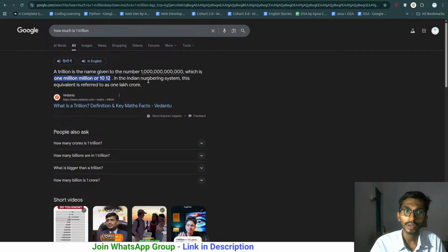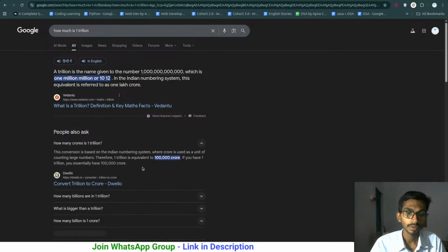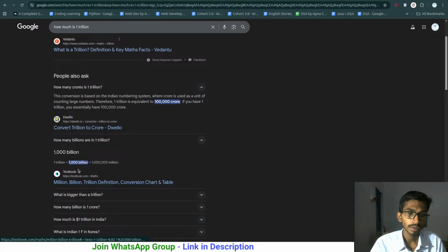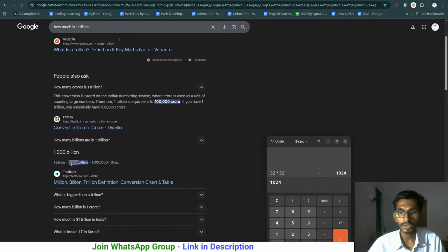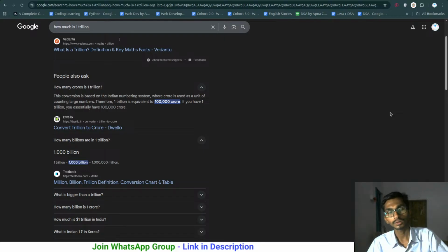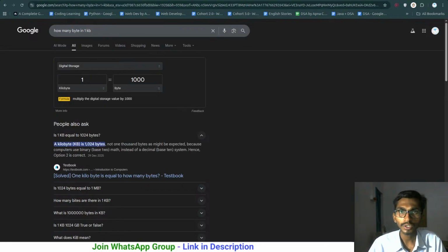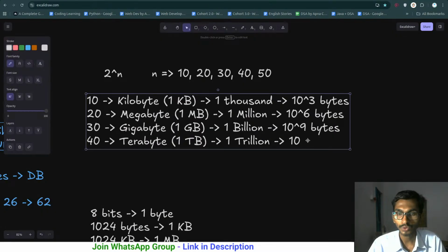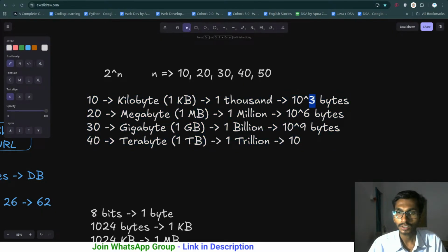So 10 to the power 12. 1 trillion means 1000 billion, so I'm adding 1000, 9 plus 3, that's 12. This is how the calculation goes: 10 to the power 3, plus 3 is 6, plus 3 is 9, plus 3 is 12. It is just 1000 added each time, so 12 bytes makes sense.